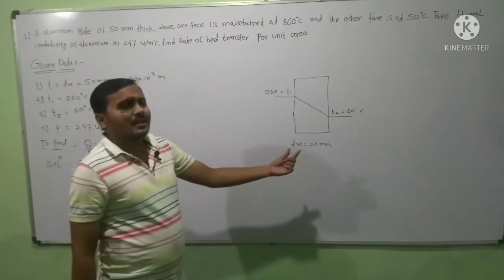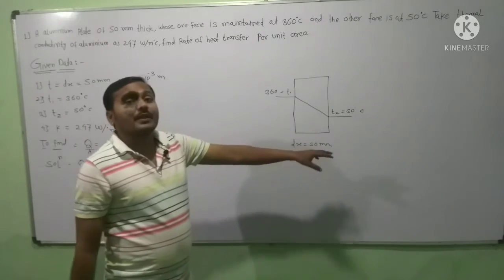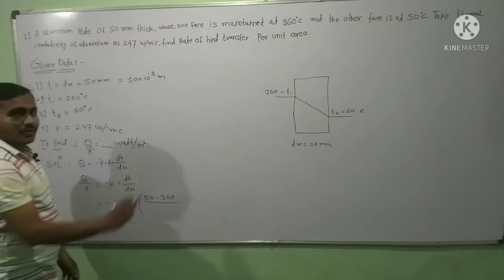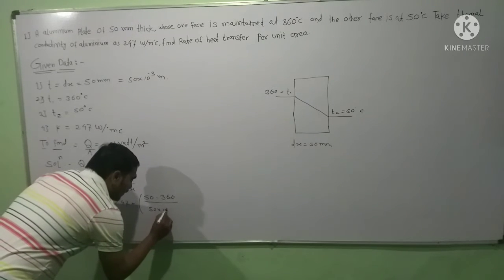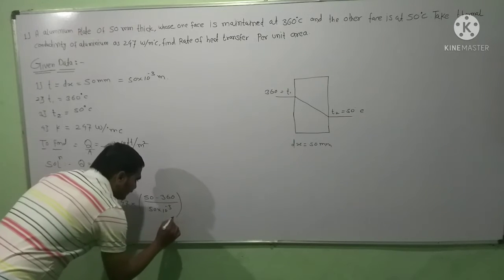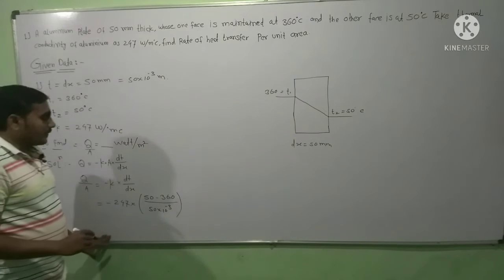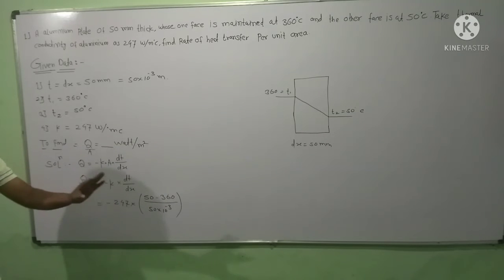We can consider it as the length or thickness, that is 50 mm. Friends, you have to take that in meters, बोले तो 50 into 10 raised to power minus 3. Put that in the calculator, कैलकुलेटर डालो और फटक से निकाल दो.